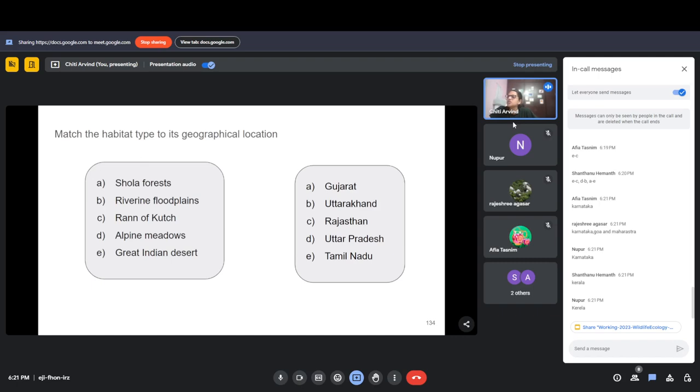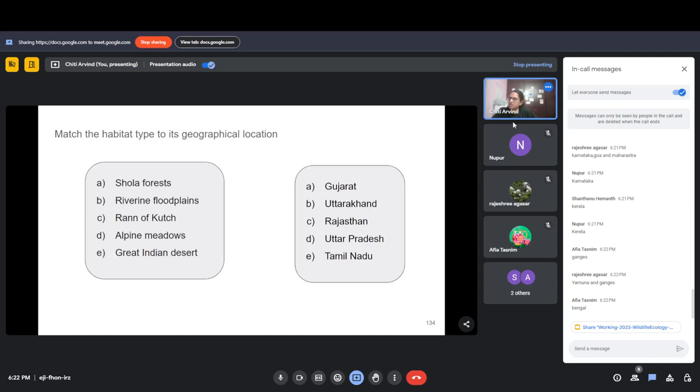Alright, so when I talk about riverine floodplains, everyone has mentioned Uttarakhand. What am I talking about? Basically, which river and its tributaries in riverine floodplains? Okay, the Ganges and its tributaries. And could you tell me a few more states where you would find these floodplains?